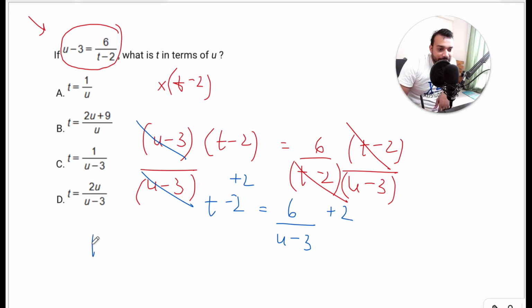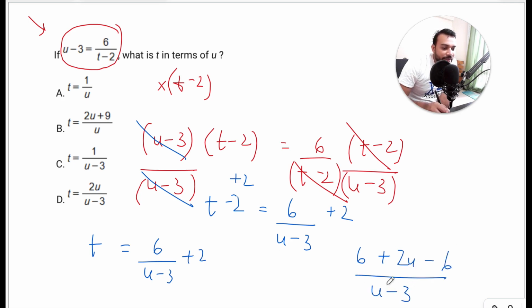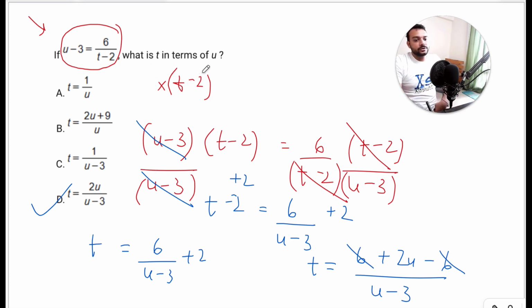You get t is equal to 6 upon (u minus 3) plus 2. Solving this, we get (6 plus 2u minus 6) over (u minus 3) equal to t. 6 and 6 cancel, giving 2u over (u minus 3). That's option D. So that's how you rearrange the expression to get it in the way you need, that is, representing t in terms of u.